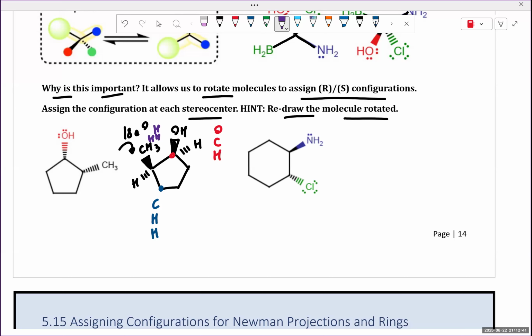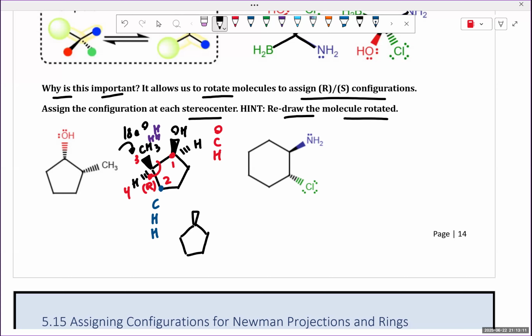So in terms of priority, this group will be priority 1 because oxygen is the highest priority substituent attached to these carbons. The carbon attached to a carbon and 2 hydrogens is priority 2. Methyl group's priority 3. Hydrogen's priority 4. Tracing from highest to lowest priority here, we're moving clockwise, so this first center is R.